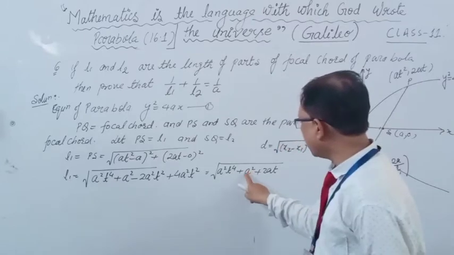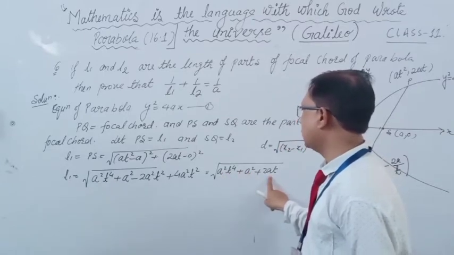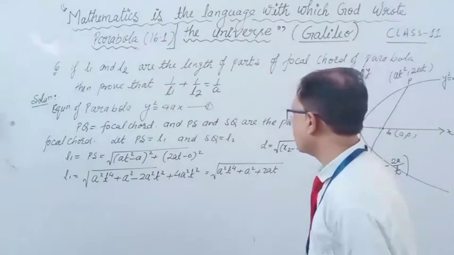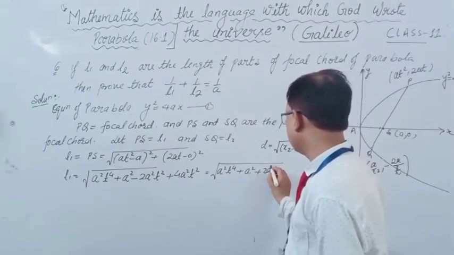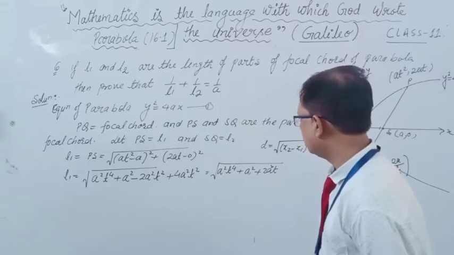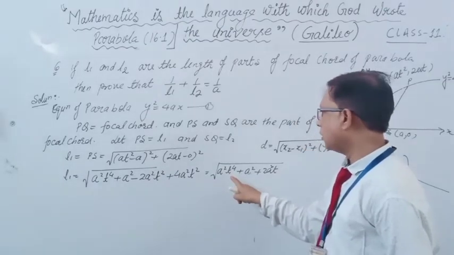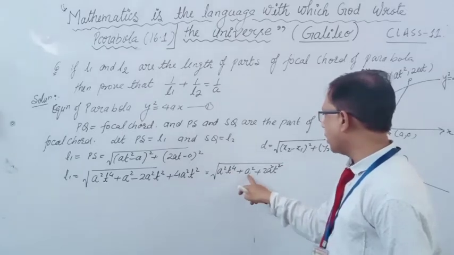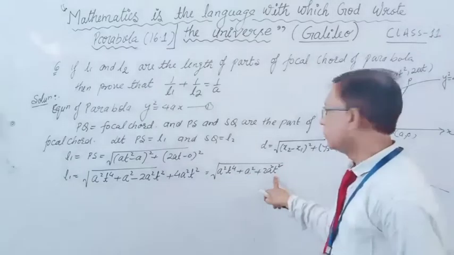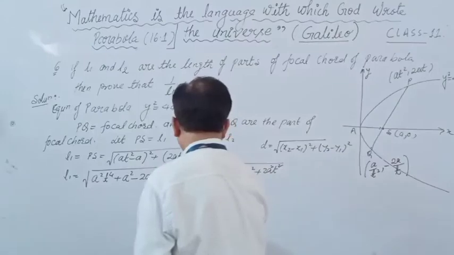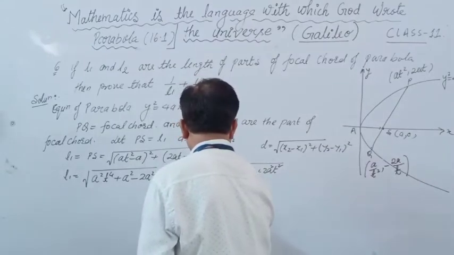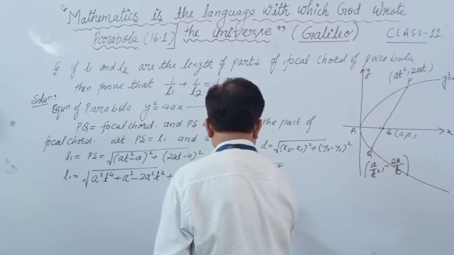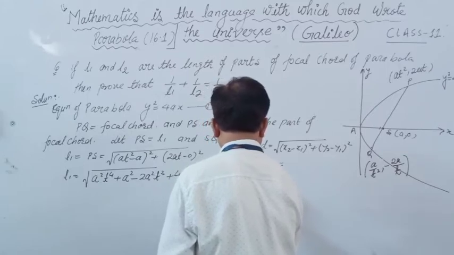This is a square plus b square plus 2ab. So if we take a square common, we get t to power 4 plus 1 plus 2t square.